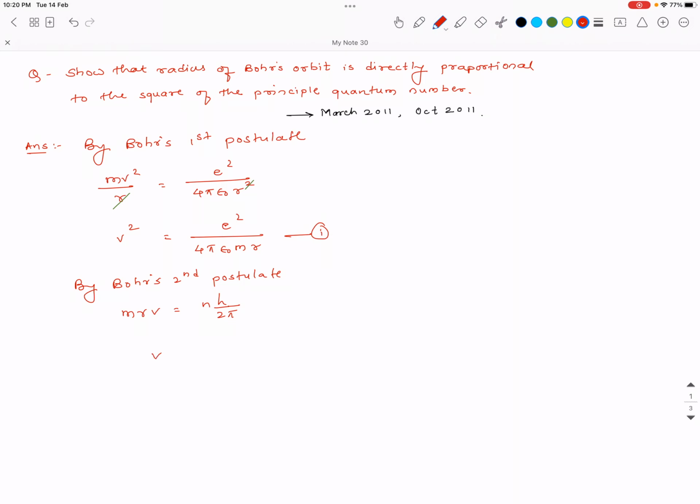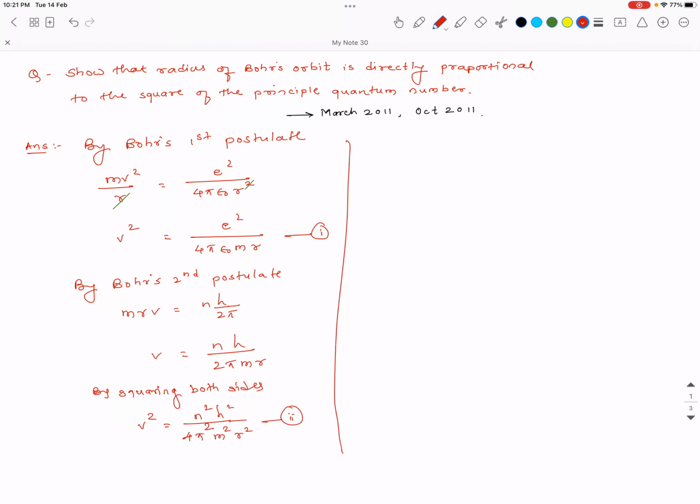So by using that we can write a formula for v: nh divided by 2 pi m r. Squaring both sides, we get v square is equal to n square h square divided by 4 pi square m square r square. So, equation number 2.